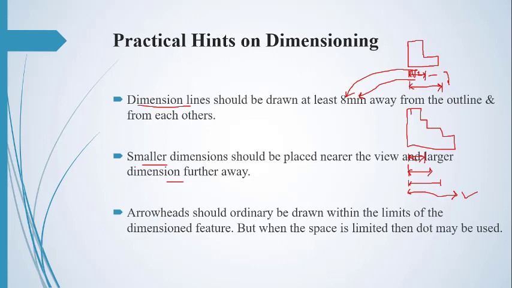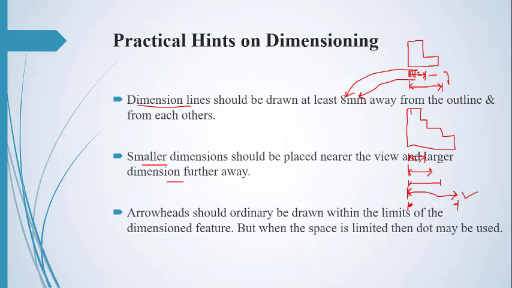The third hint: arrowheads should ordinarily be drawn within the limits of the dimensioned features, but when the space is limited, then a dot may be used. The third hint says that if you want to draw a dimension line, you can use an arrowhead. However, if the space is limited, you can also draw a dot like this one.